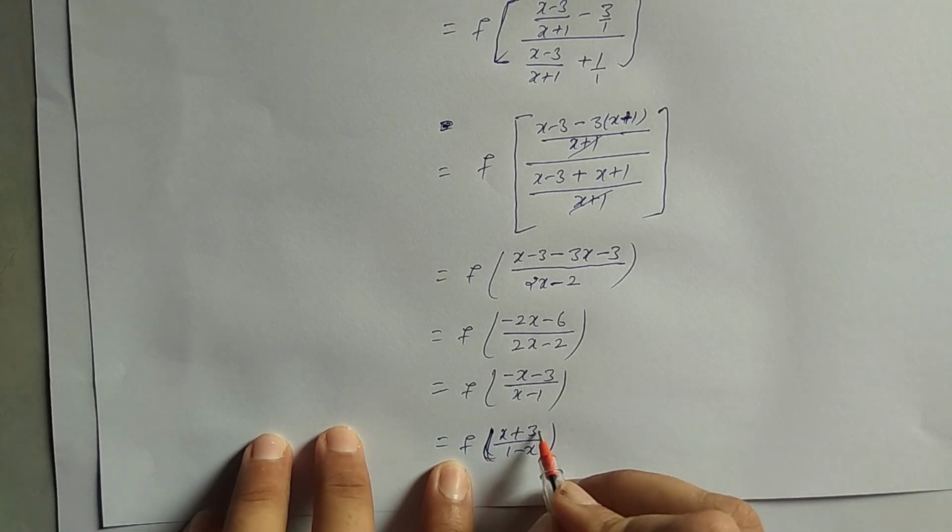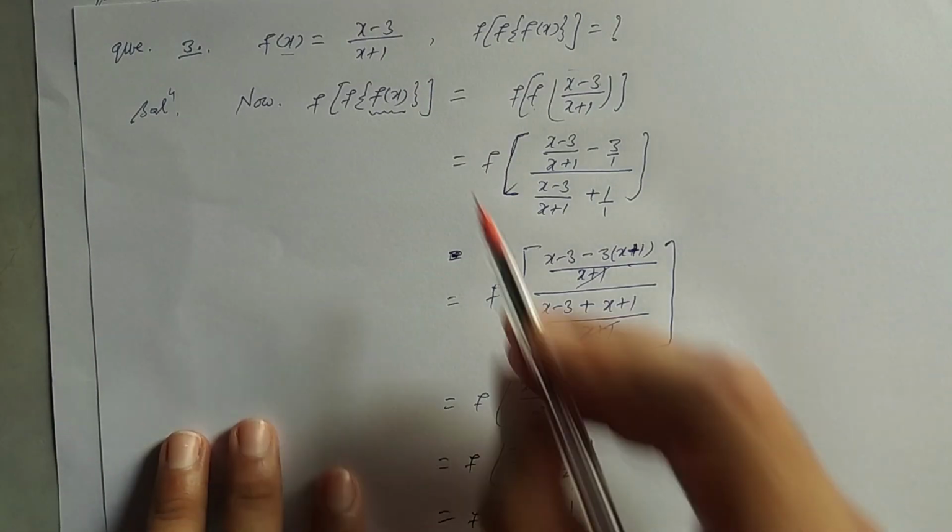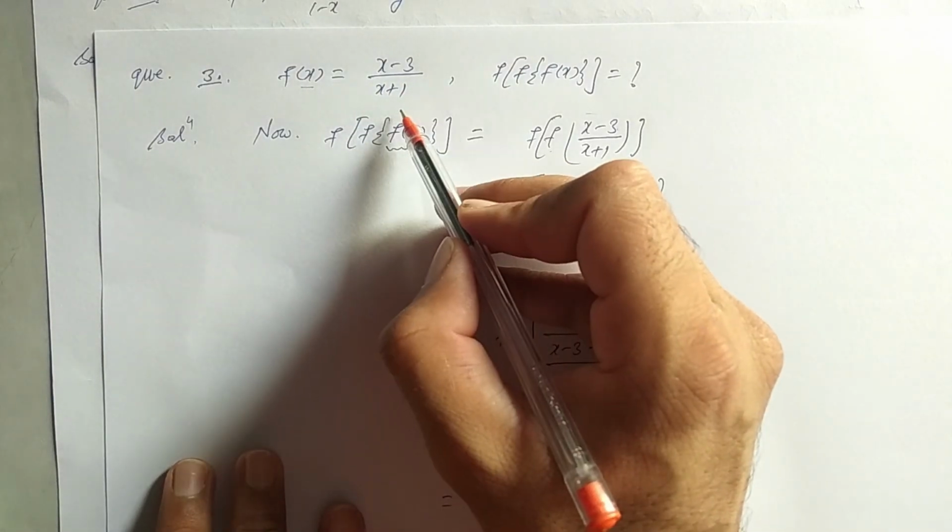Again f of (x+3)/(1-x), and f(x) is equal to (x-3)/(x+1).